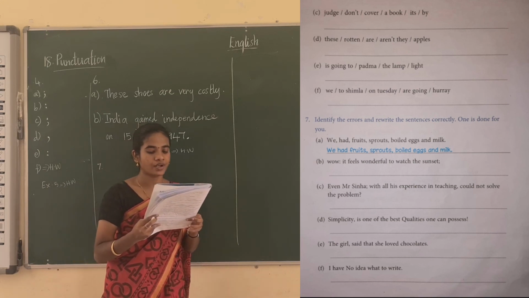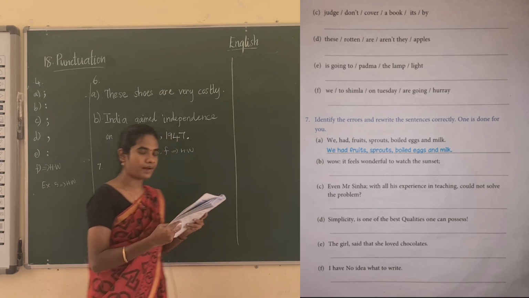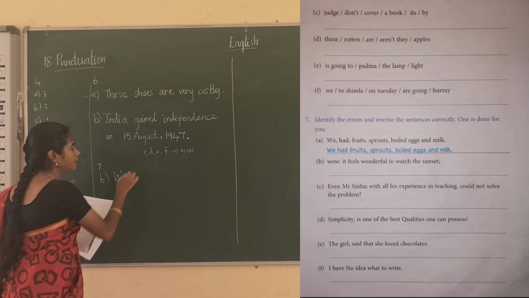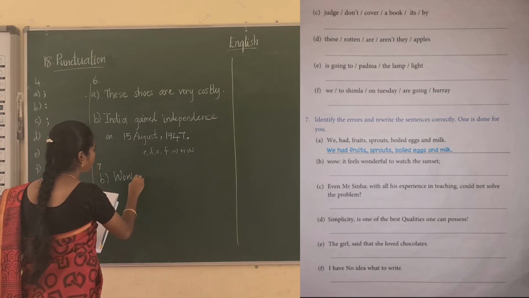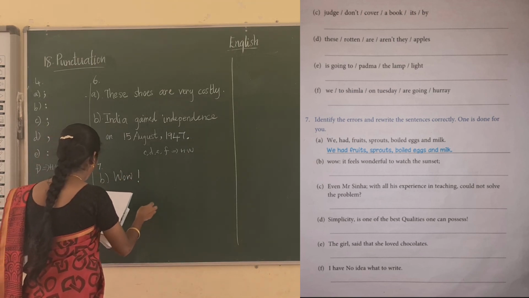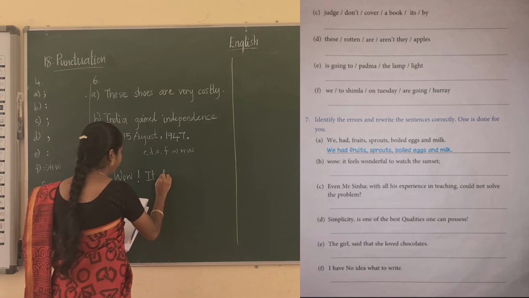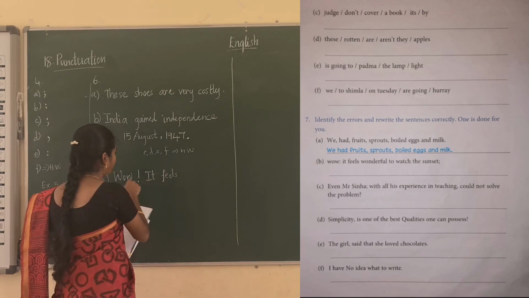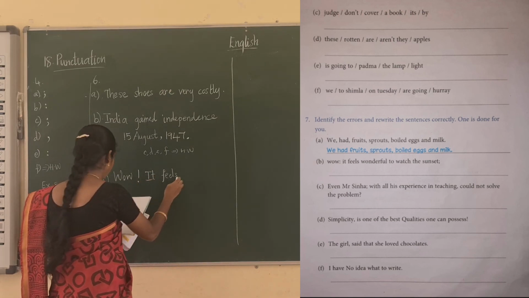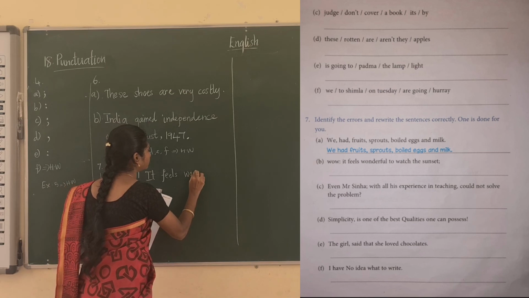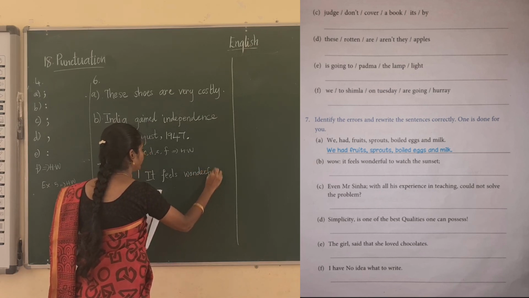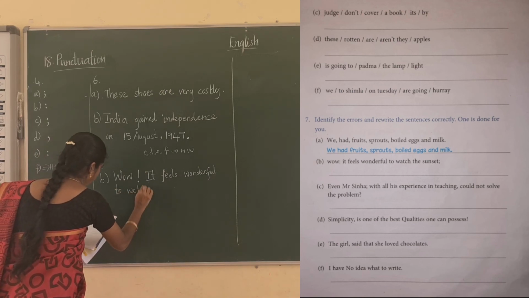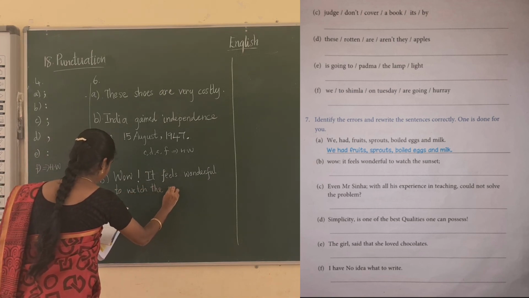See the next one. Wow, it feels wonderful to watch the sunset. How can we write? Wow is the interjection. So after the interjection you have to put an exclamation mark. Wow! It feels, you have to put a capital I. Wow! It feels wonderful to watch the sunset.